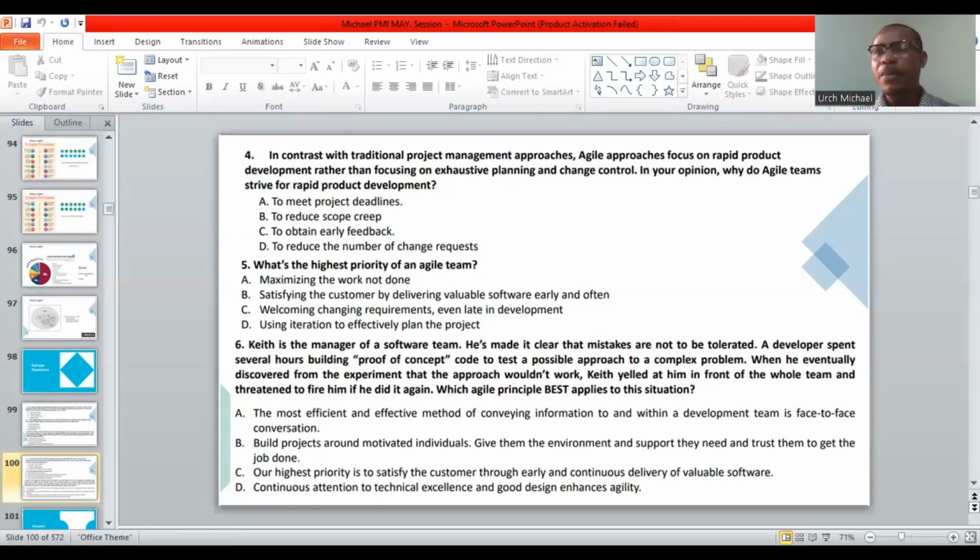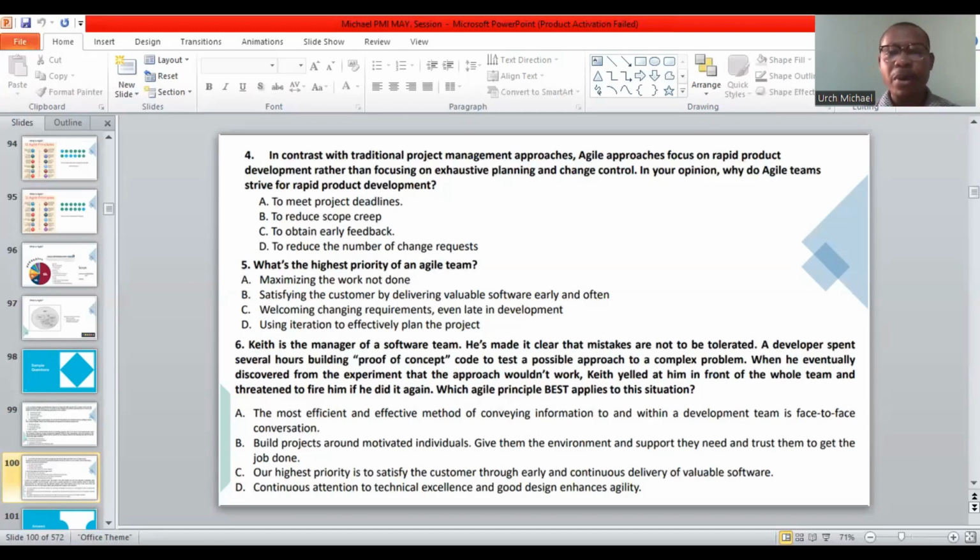To reduce scope creep is not too bad as well, but I don't think it applies here. To obtain early feedback is one key factor, and that is quite promising. And to reduce the number of change requests: in Agile, we don't work with change requests. So the obvious answer there is C, which is to obtain early feedback.